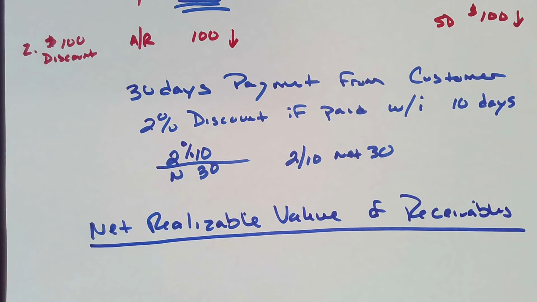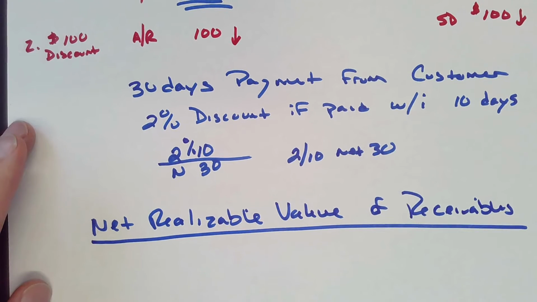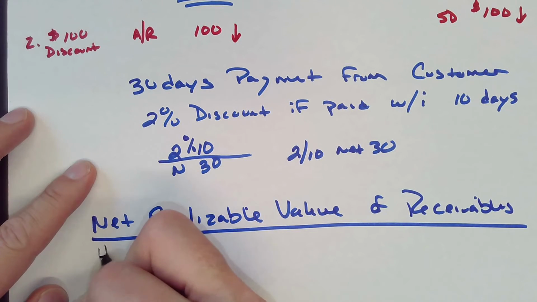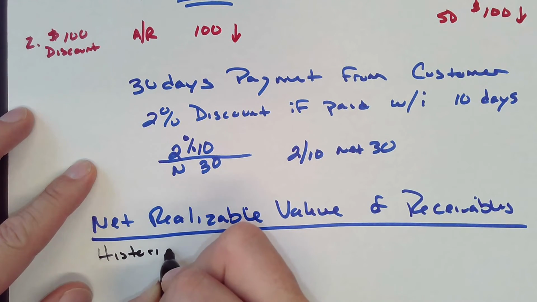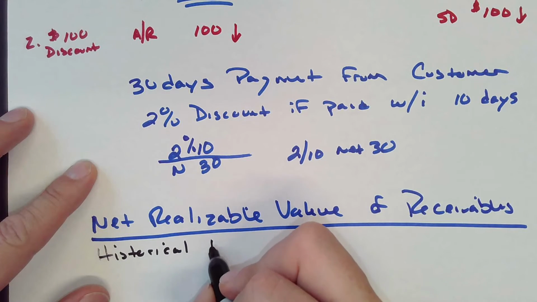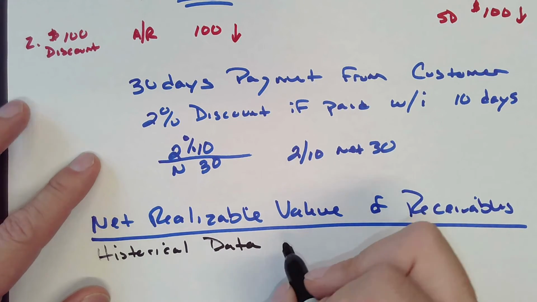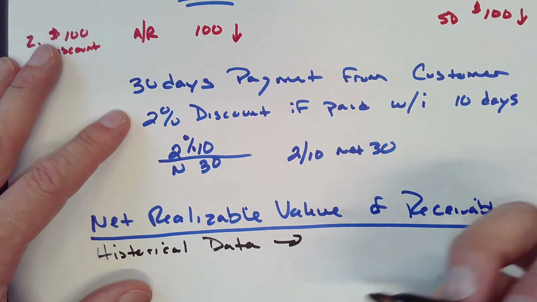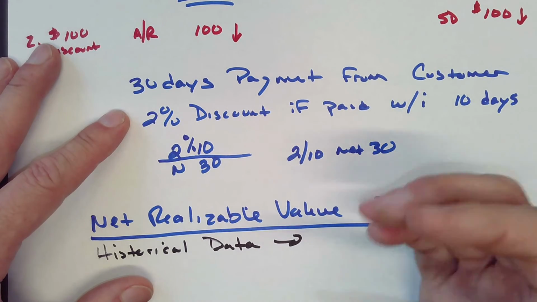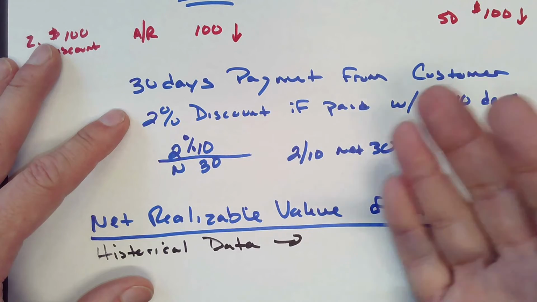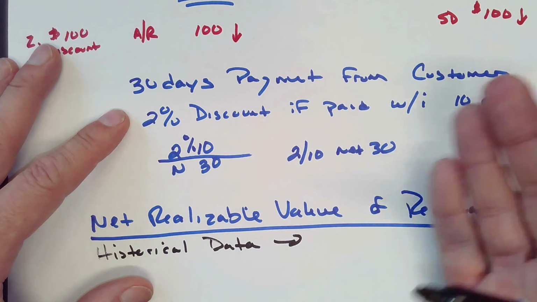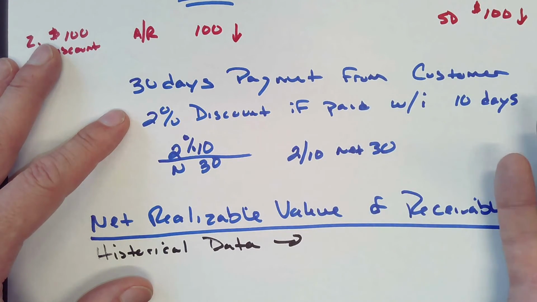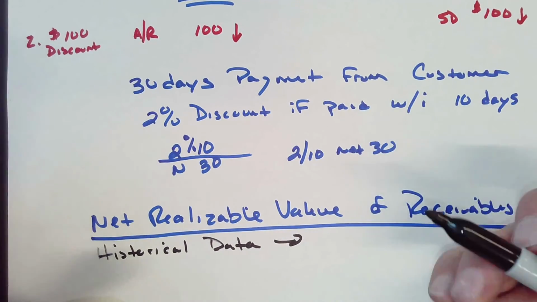And what we know is we probably have some historical data that when a receivable goes beyond 60 days delinquent, then it increases the probability that we're not going to collect it. How much that is going to depend on the organization.